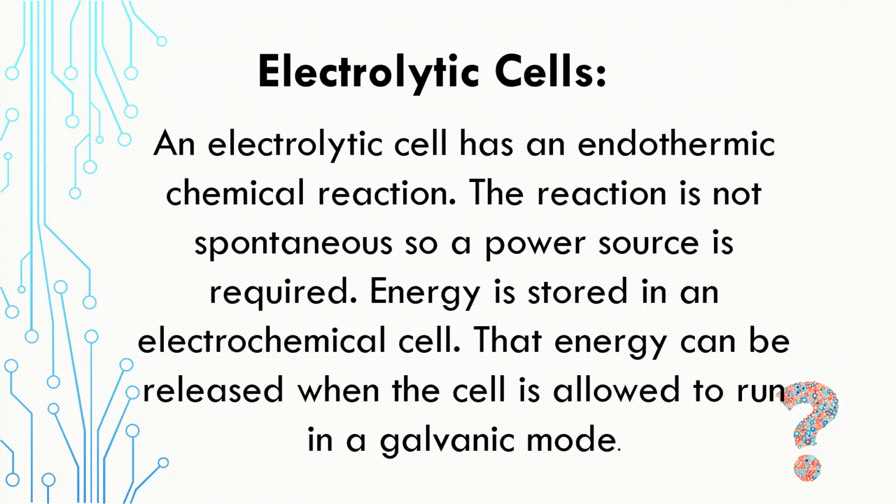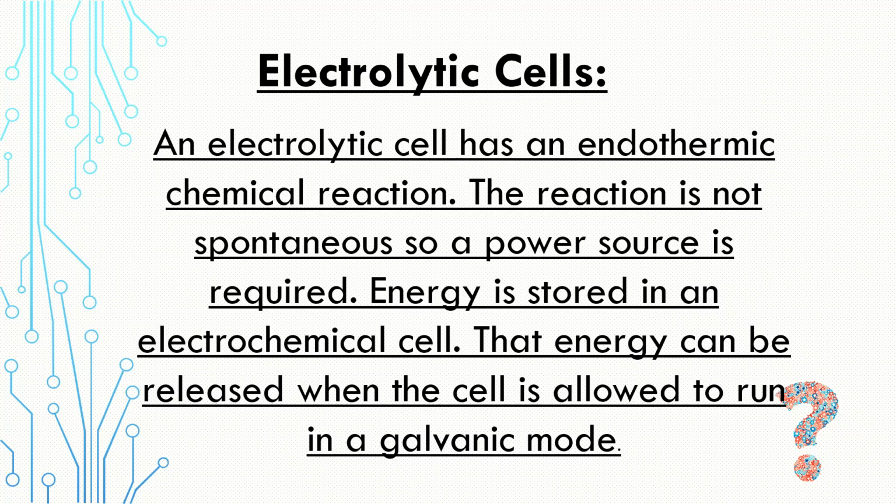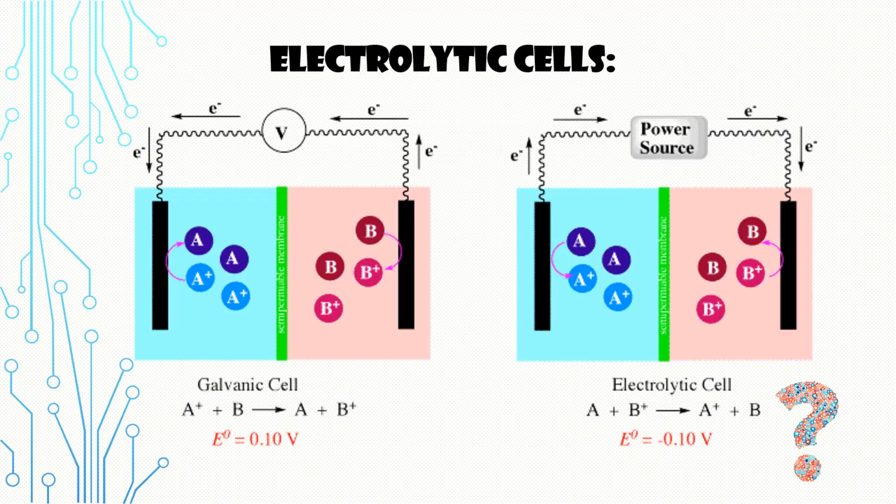Electrolytic cells have an endothermic reaction where energy is stored in an electrochemical cell, which can be released if it's allowed to run in a galvanic mode. In this case, the molecules in the solution are being broken down so that the metal can be deposited on the surface.